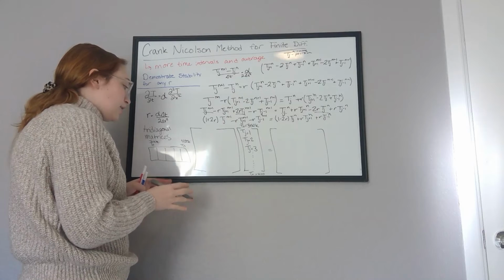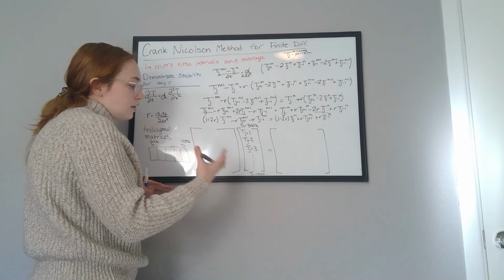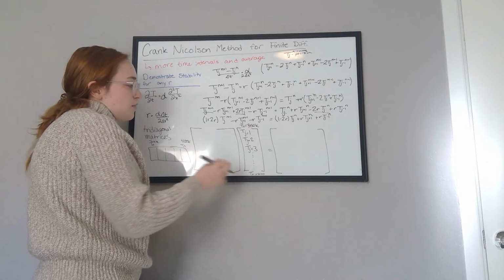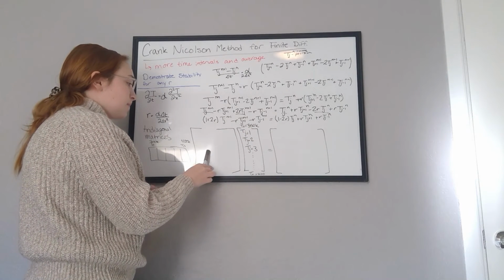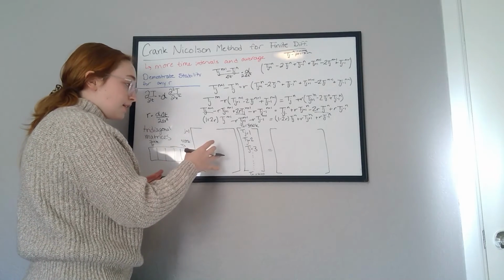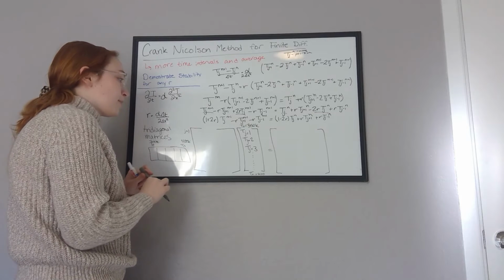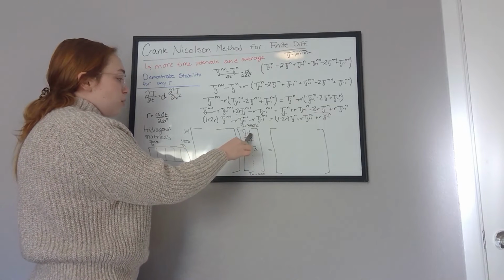So this is the main variable. If we're looking at our matrices at j equals 1, we're on the left side of the equation still, so we are referencing this part.